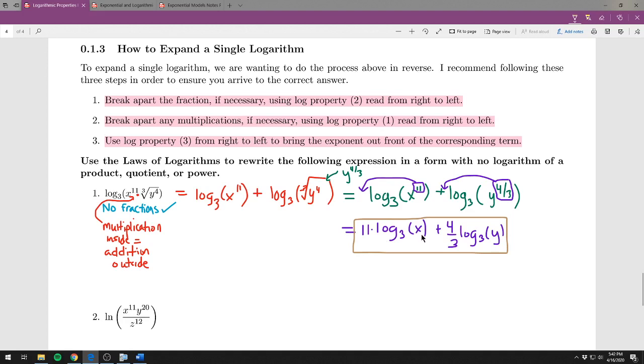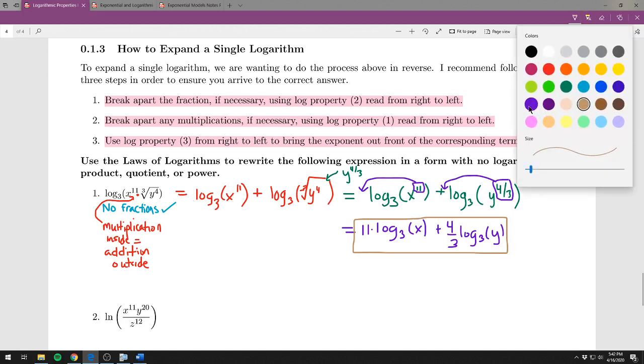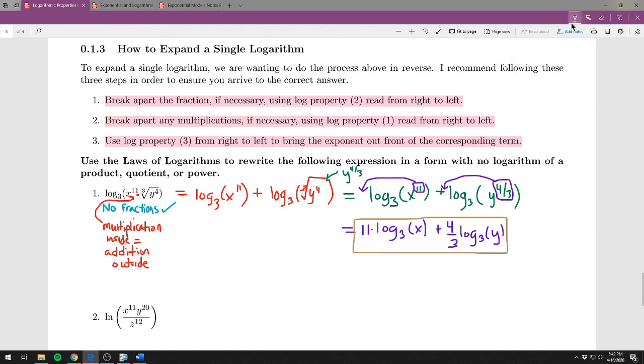We are done. Now, one thing I like to go ahead and mention here, you could ask the question, why didn't we move the powers first? The reason you can't move the powers first is because that rule number 3 only works if the entire inside's raised to the same power. That's why we have to save it for last.